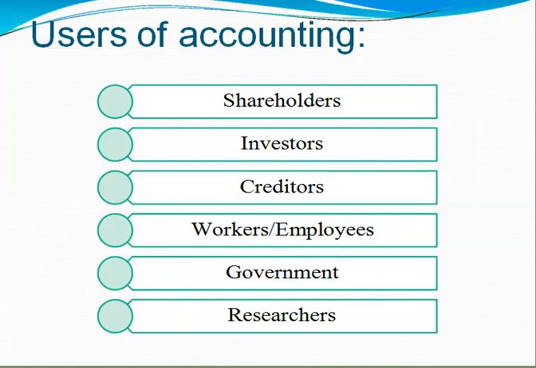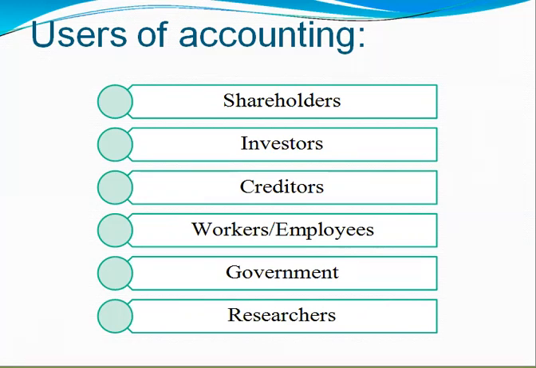Broadly, there are two types of users of accounting information. The first is internal users and the other is external users. Internal users are the people who are inside the organization, and they can use our accounting statements for decision making.